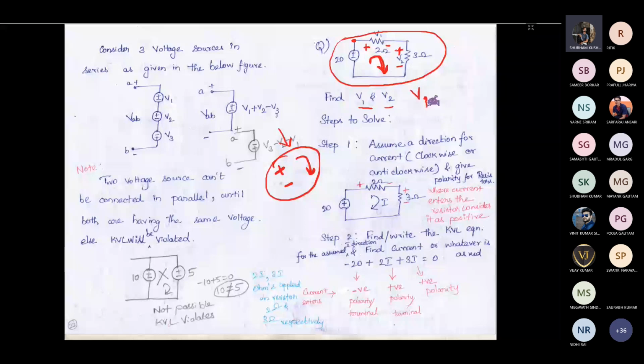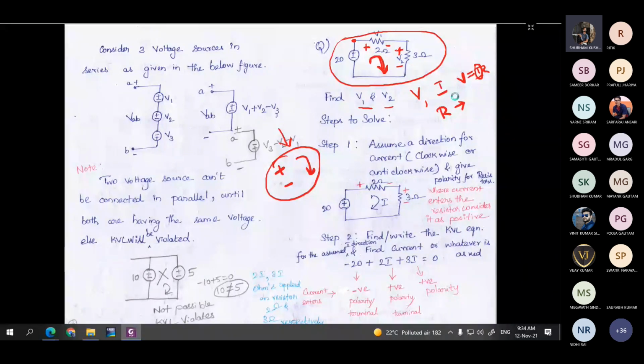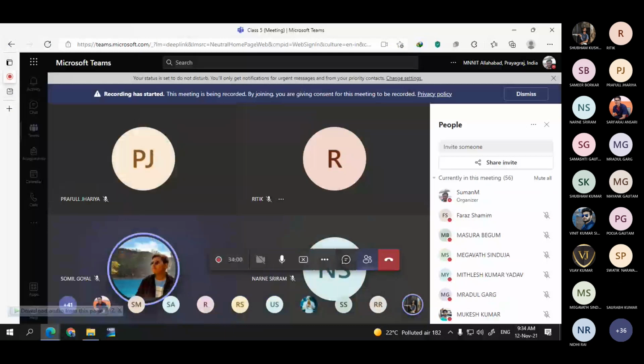Resistance value is given, and to find the voltage, V is equal to I into R. I we do not know, so you need to find I in order to find the voltage across this element. So it is not possible to find the voltage directly.